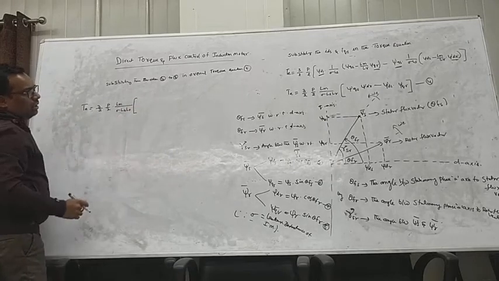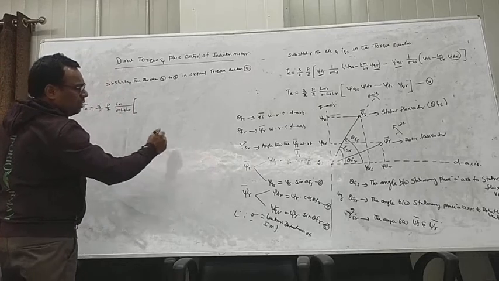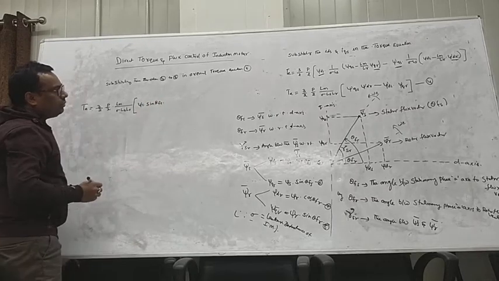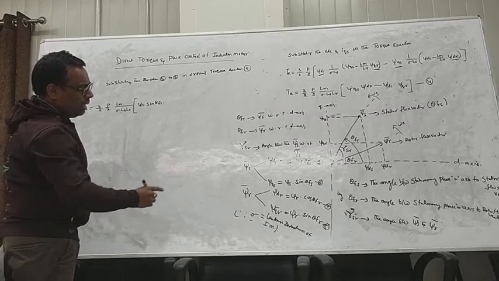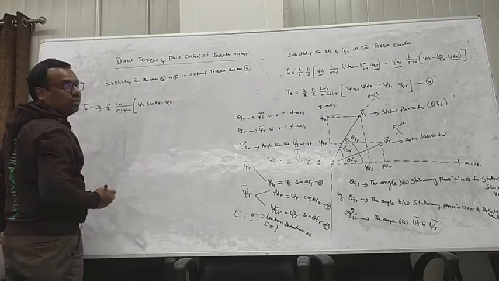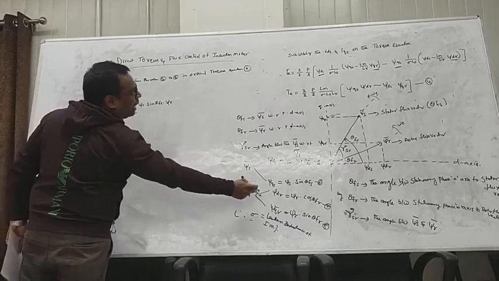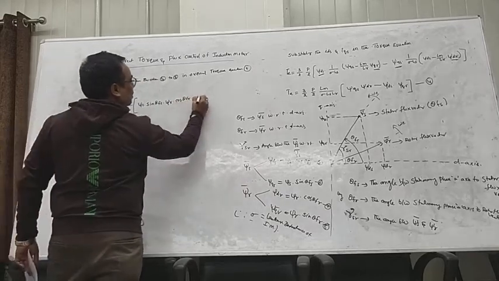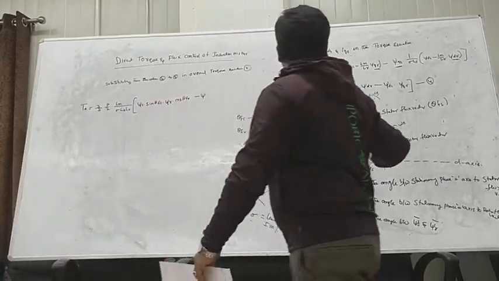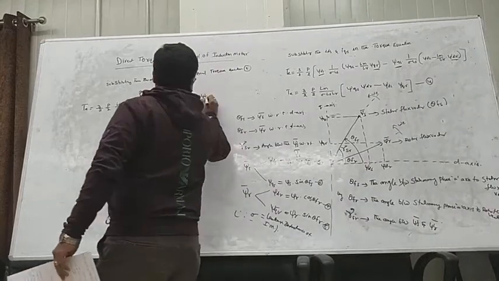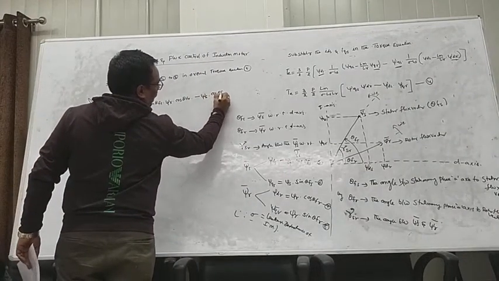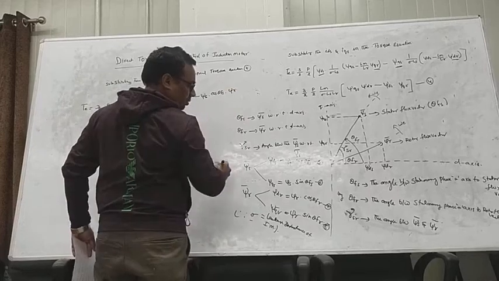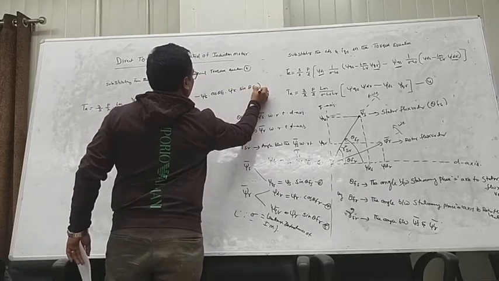Now you replace psi qs, which is psi s sine theta fs, and psi dr, which is psi r cos theta fr, minus psi ds, which is replaced by psi s cos theta fs, into psi qr, which is psi r sine theta fr.